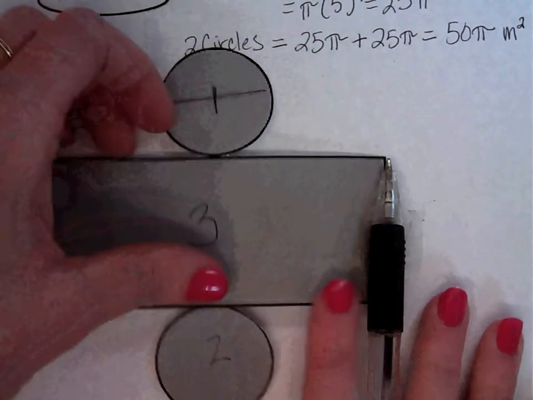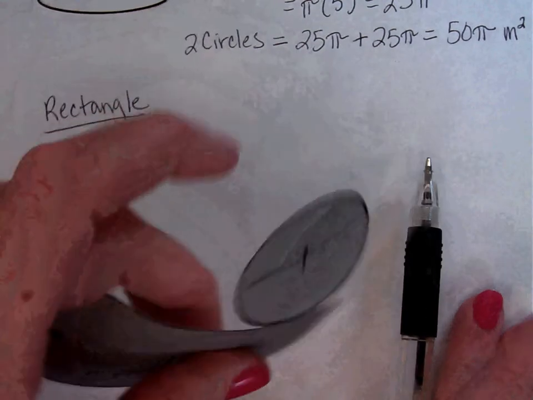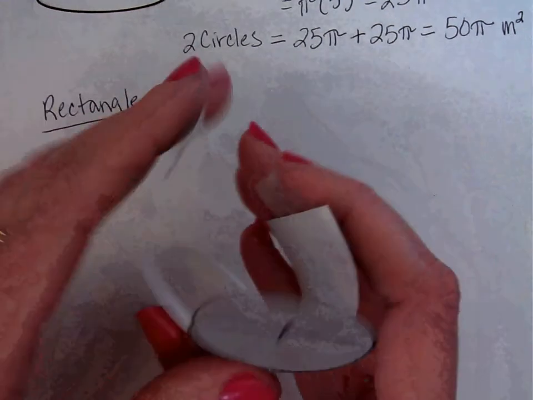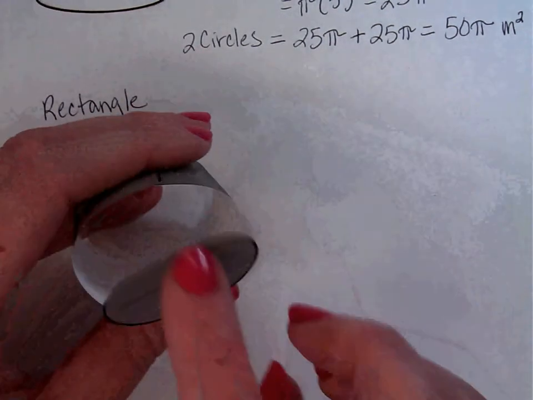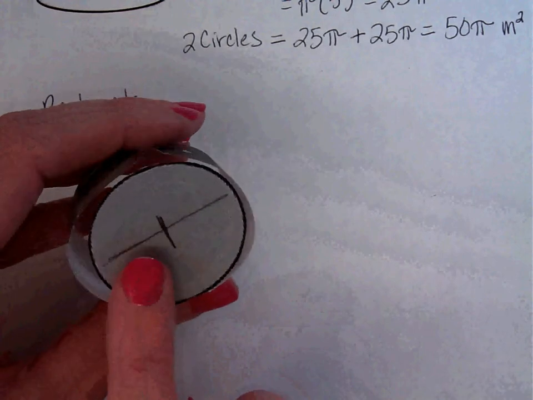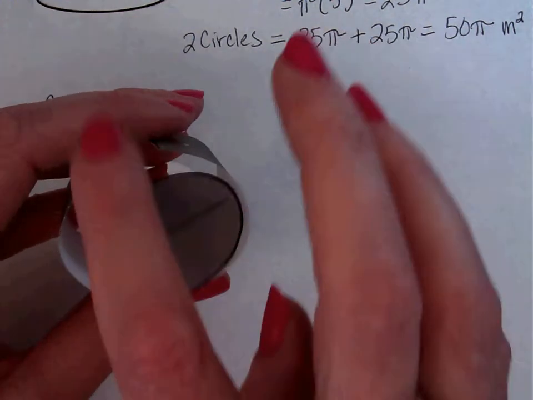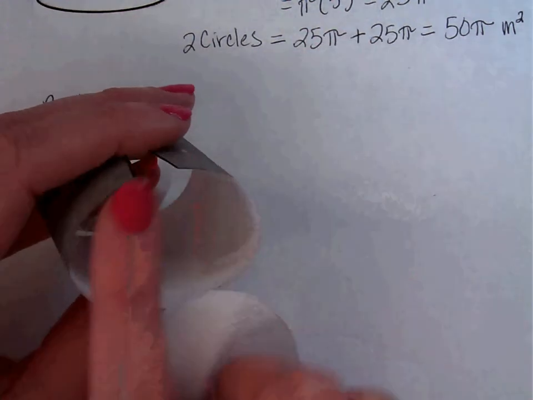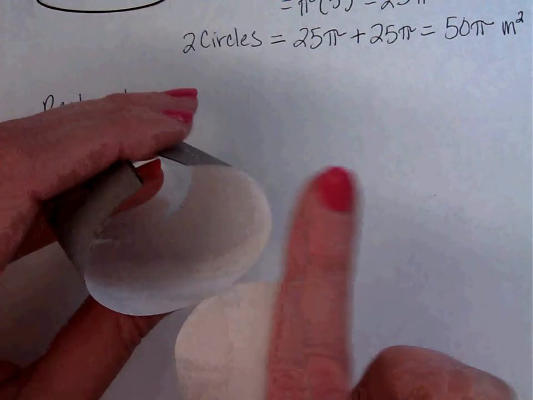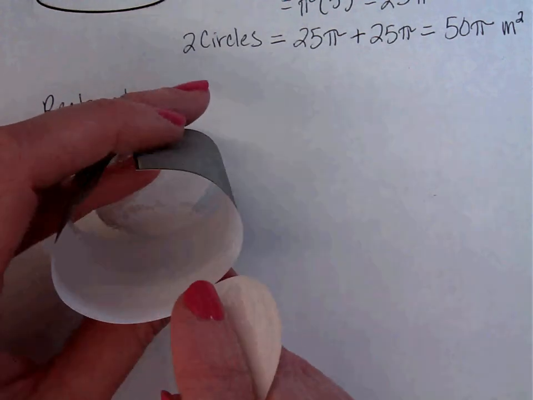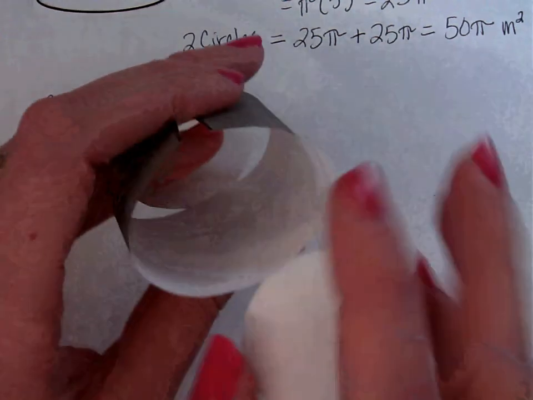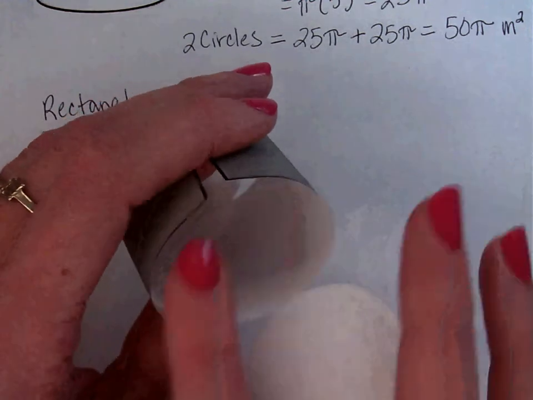And you might see it as I close this up once again. If I close this up once again, and if you look at this, that edge right here is the length of our rectangle. Well, the edge, how do you get the edge of a circle?